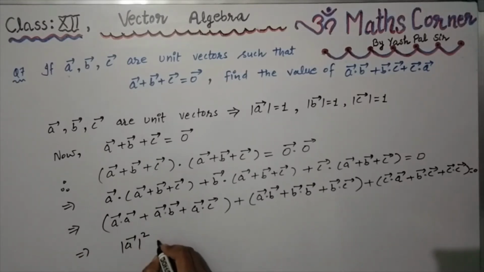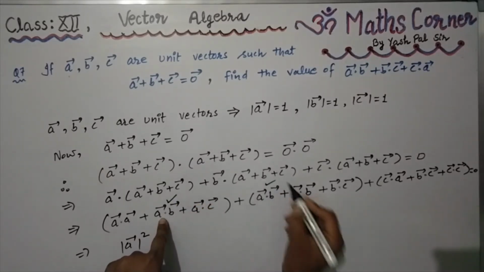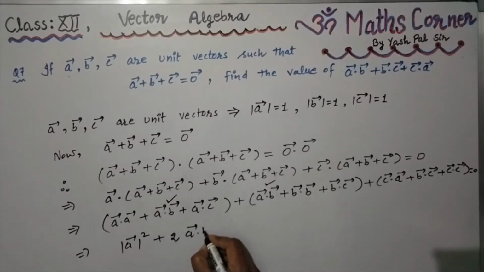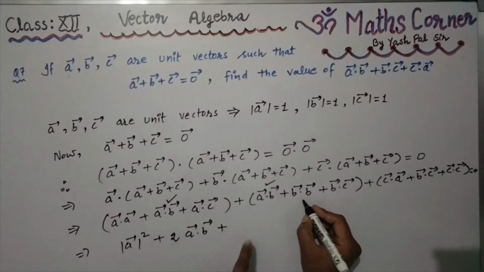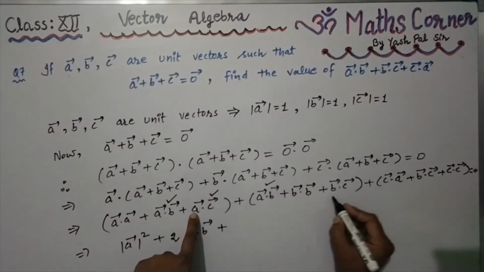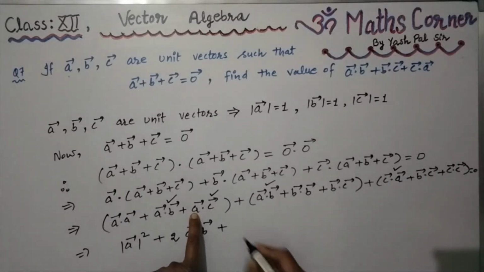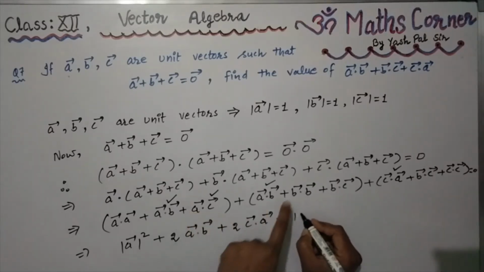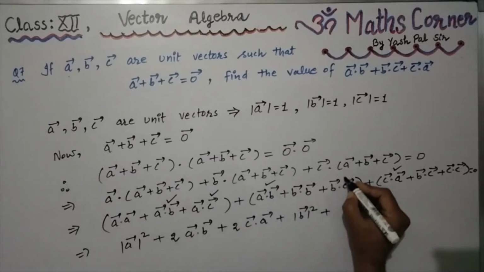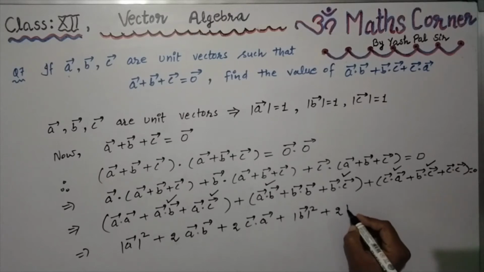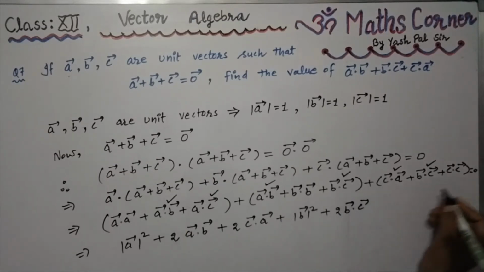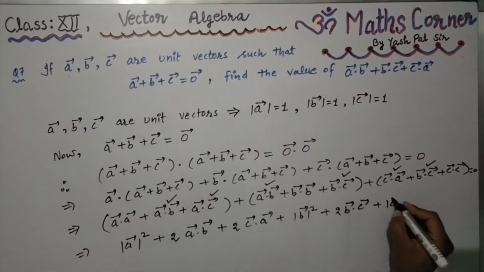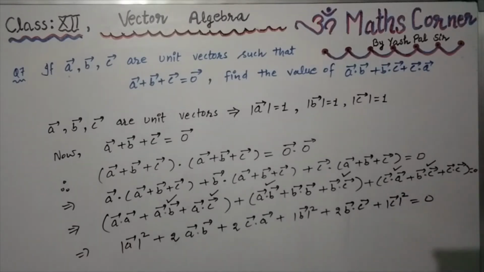Right, now what is A dot A? This is magnitude of A whole square, plus A dot B, A dot B, it means 2 times A dot B, plus A dot C, C dot A, that is the same thing, 2 times C dot A, plus B dot B means magnitude of B whole square, plus B dot C, B dot C, 2 times B dot C, lastly C dot C, it means magnitude of C whole square, that is equal to 0.